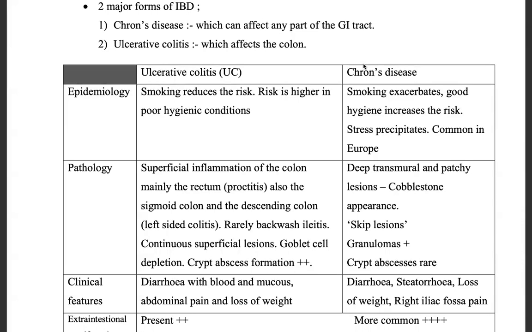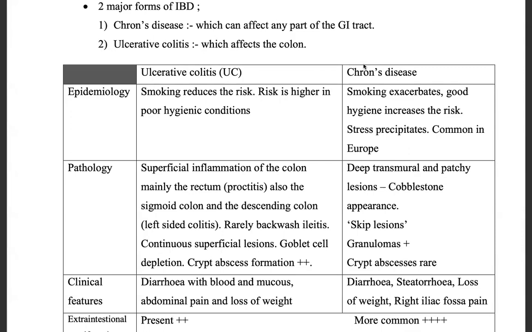Whereas in Crohn's disease, you get deep transmural inflammation, which means the entire thickness of the bowel wall is involved. There are patchy lesions as well, what you call skip lesions. You get areas of inflammation and then areas which are inflammation free.